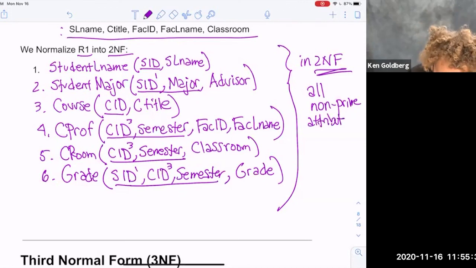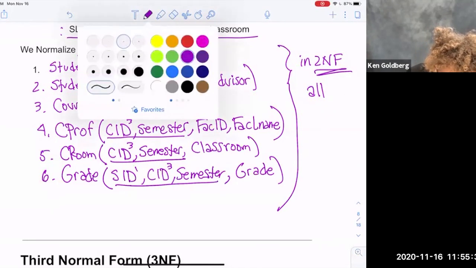Actually, let me write this in a color for you because I think that'll make it nice and clean. Let's make it green.